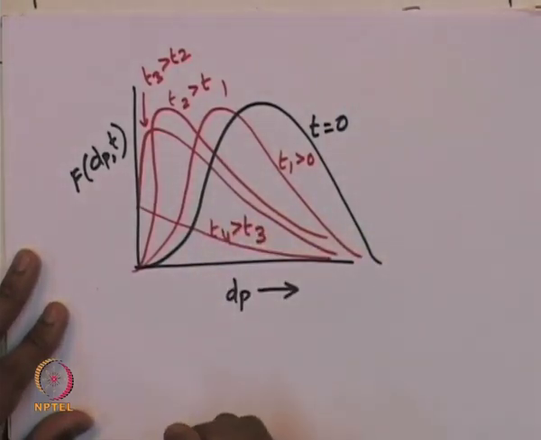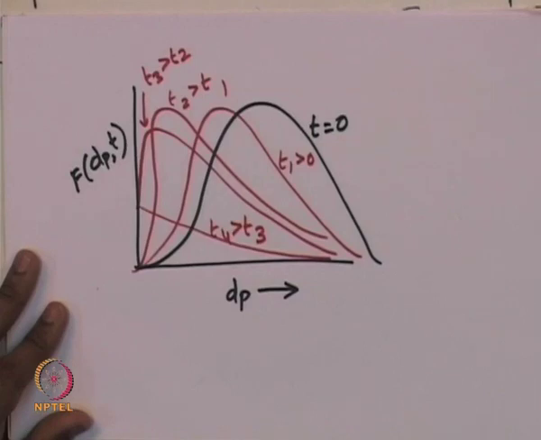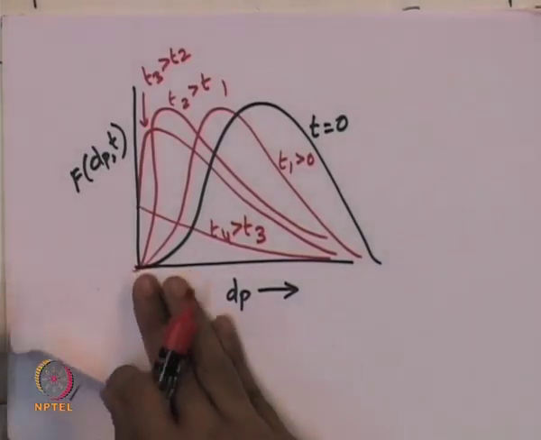So, that is the kind of distribution that one can obtain as a function of time for these polydispersed particles which are undergoing dissolution. So, let us summarize what we have learnt in the last 3 lectures. We have looked at the fluid solid non-catalytic heterogeneous reactions, and this can occur through 2 modes.